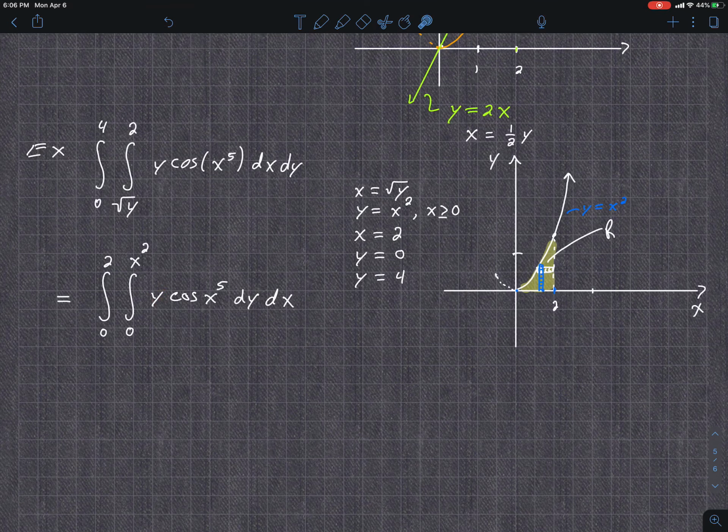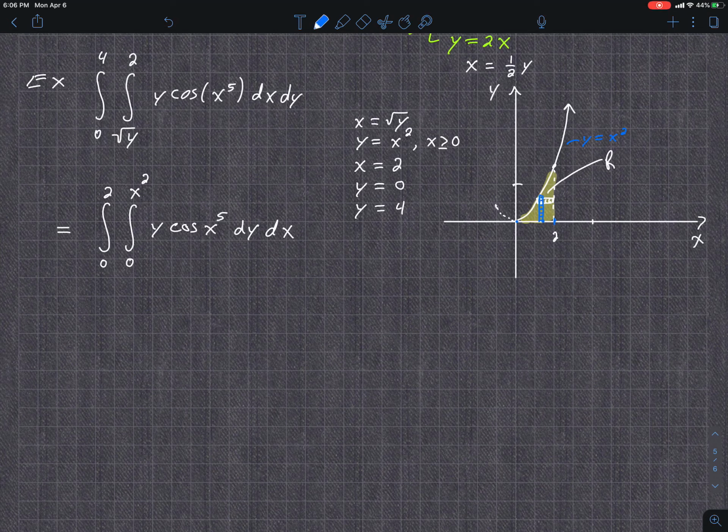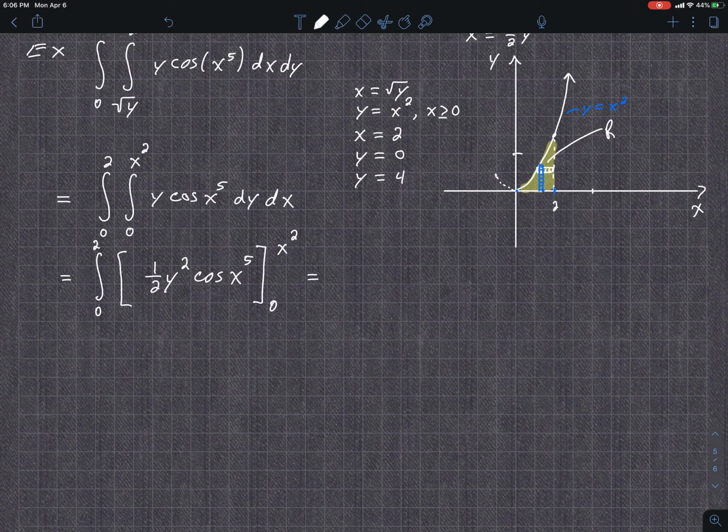Now when you integrate that, you integrate with respect to y first. So this is equal to the integral 0 to 2 of 1/2 y squared cosine x to the 5th, and we will evaluate that from 0 to x squared. By substituting in, we'll get x to the 4th, and you can look ahead to see the chain rule that's going to happen.